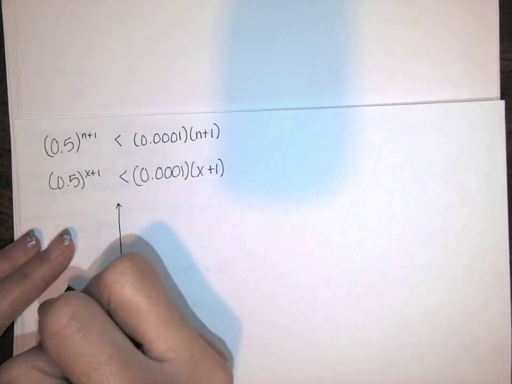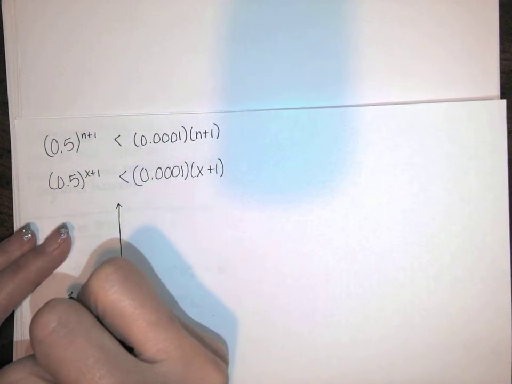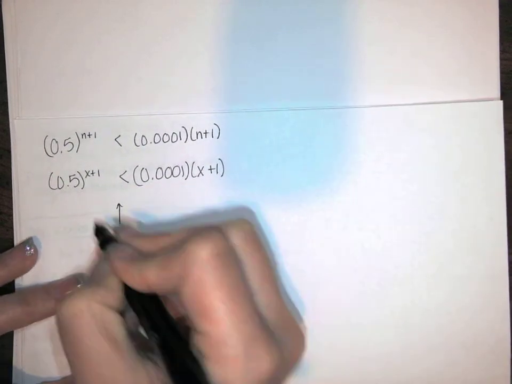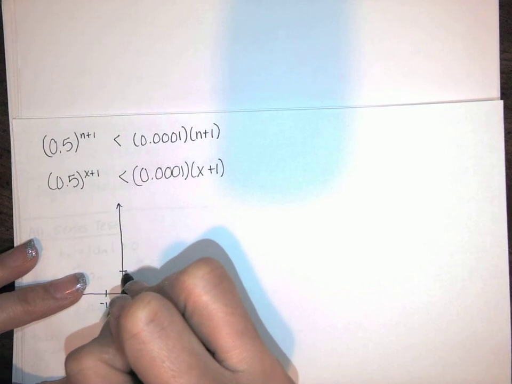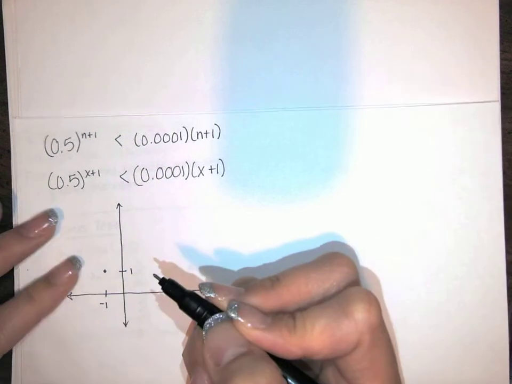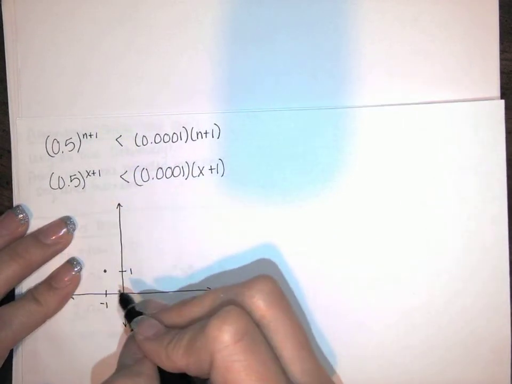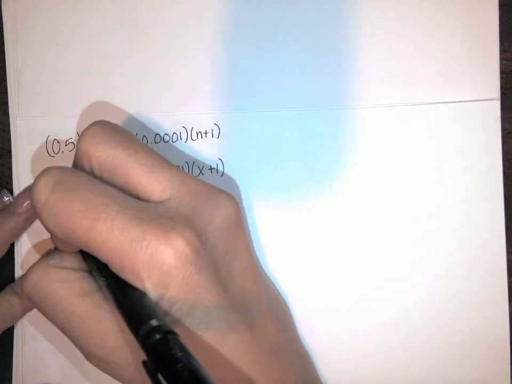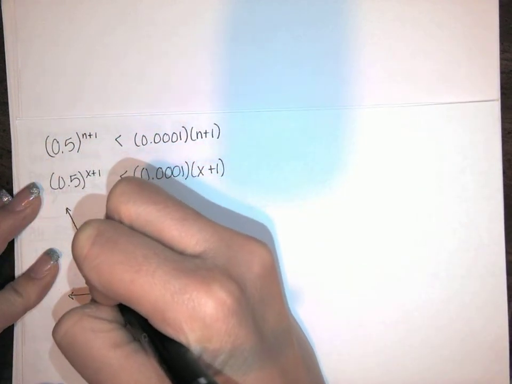But we know how this is going to behave. When x equals -1 here, we're going to get +1 for y. When x equals 0, we're going to get 1/2. And that graph looks like this.